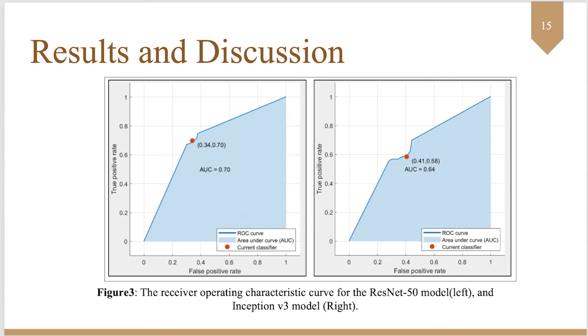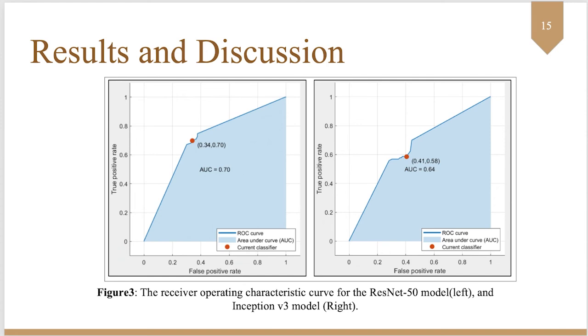We were interested in the ROC curve of the second phase since it represented a challenge due to its larger dataset. The ROC curve on the left side of the image shows that the ResNet 50 model incorrectly assigned 34%, while the ROC curve on the right side of the image shows that the Inception v3 model incorrectly assigned 41%.